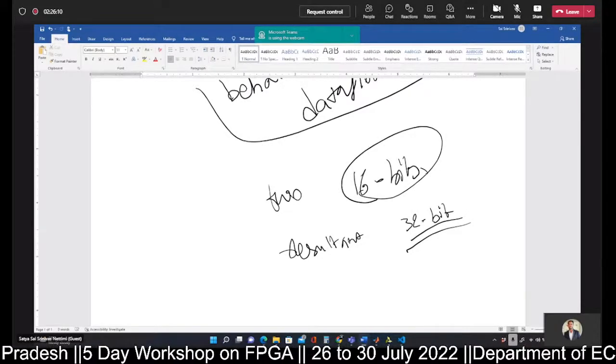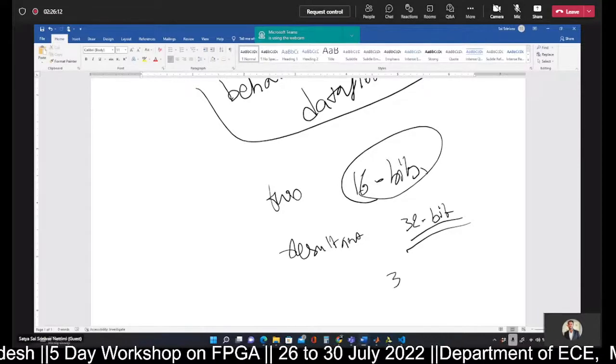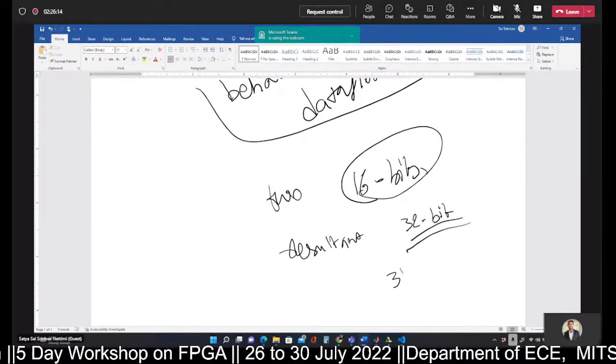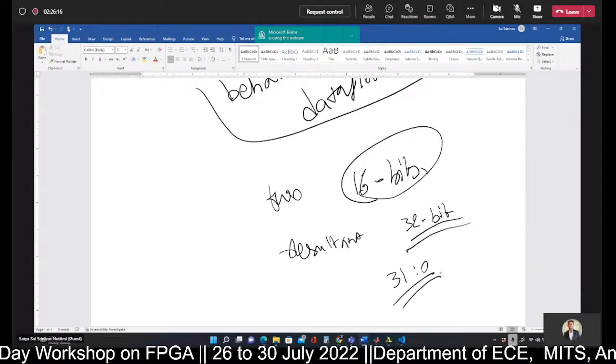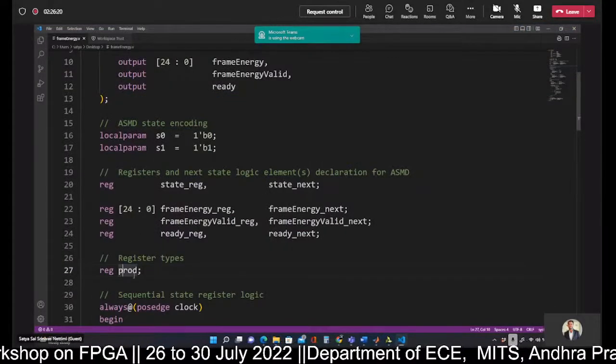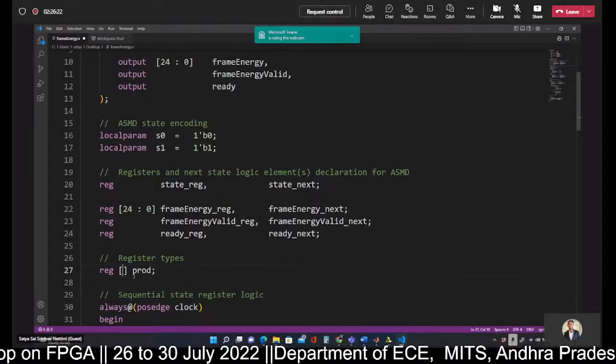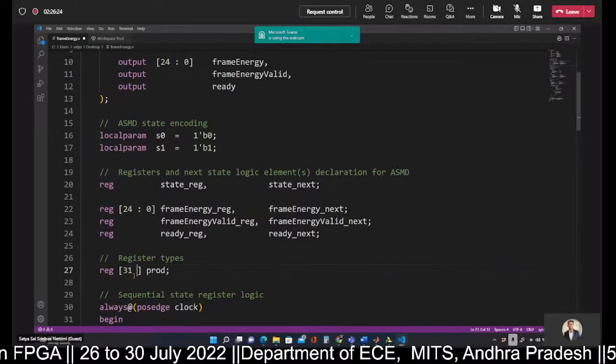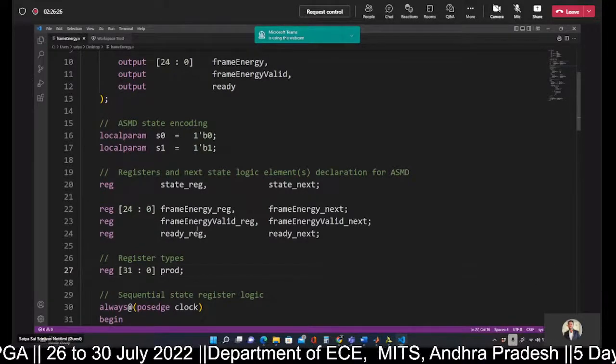So we need a reg data type of 32-bit length, that means 31 down to 0. So this prod is 31 down to 0.